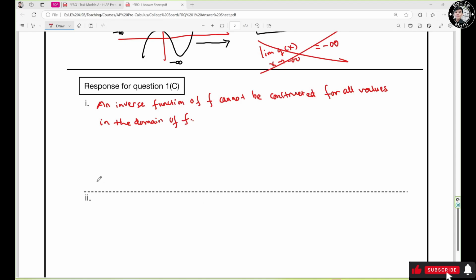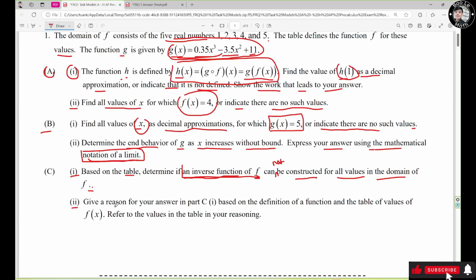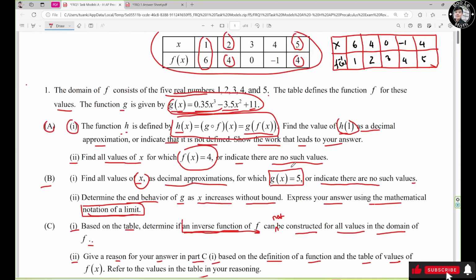Alright, now C2. Give a reason for your answer in part C1 based on the definition of a function and the table of values of f of s. Refer to the values in the table in your reasoning. Alright, so you look at this table right here. After you get the table right here, you see that the s value right here is repeating, right?